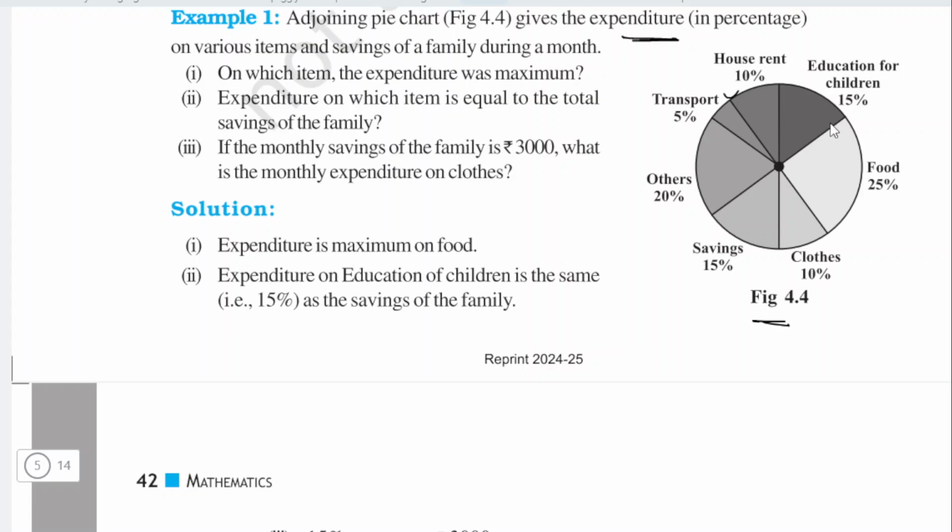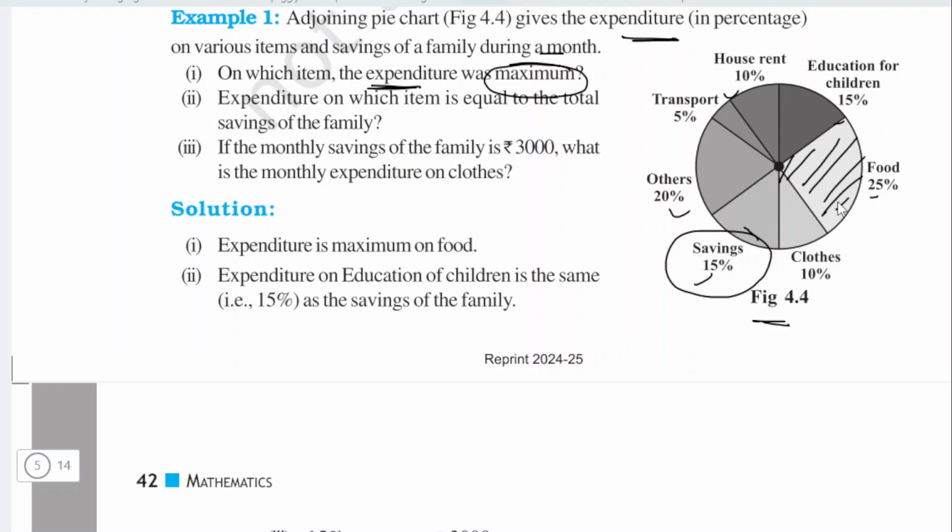So the percentage-wise expenditure of a family is shown on various items and saving of the family during a month. Now on which item was expenditure maximum? The area which is maximum occupied will be the maximum expenditure area.